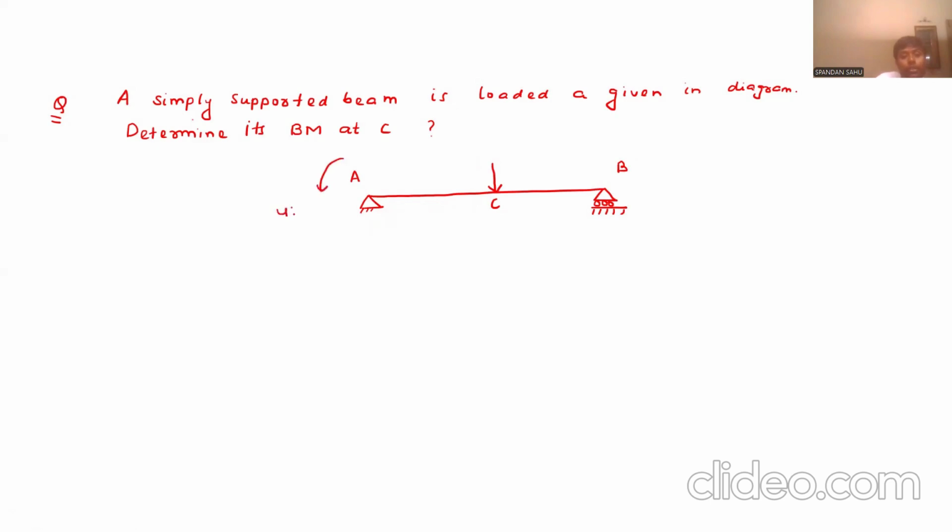This is 4 kilonewton meter and this is 4 kilonewton meter. This is 4 kilonewton. This length is 2 meter and this length is also 2 meter. Now you have to determine the bending moment at C.